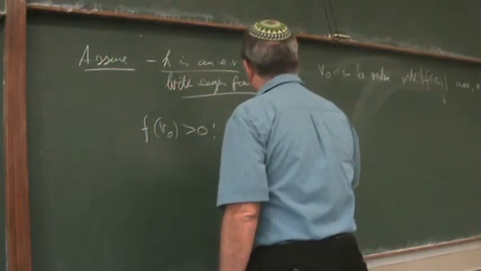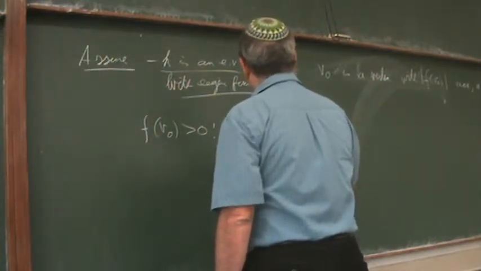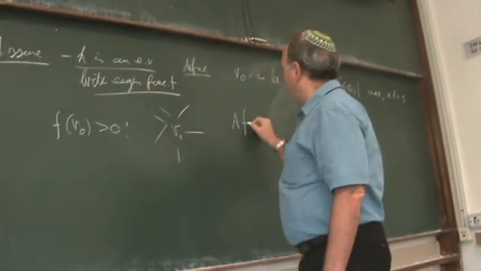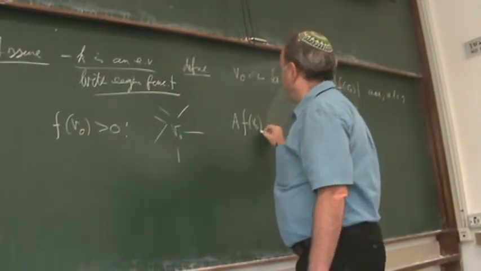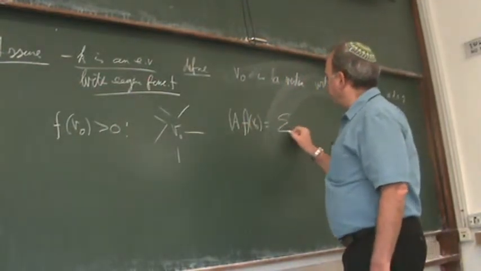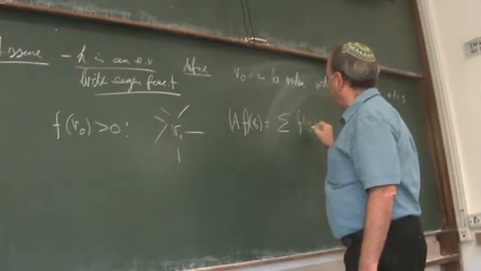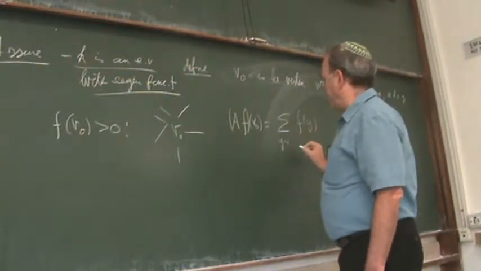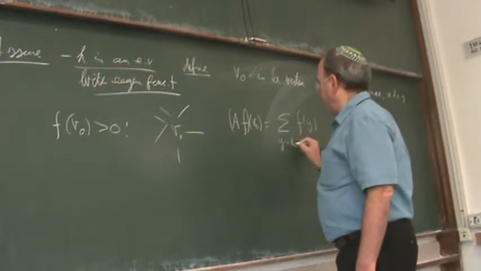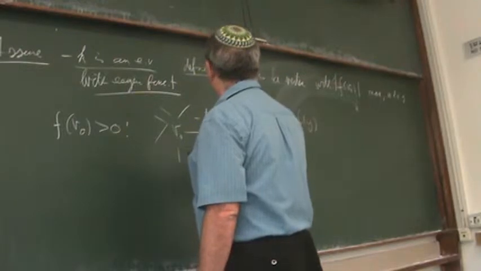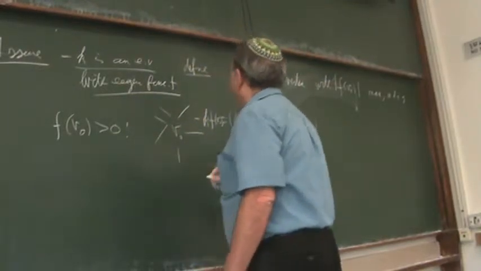So we have v naught, and v naught has k neighbors. A of f at the point v naught is the sum of f of y, where y is a neighbor of v naught. On one end this is equal to minus k f of v naught.